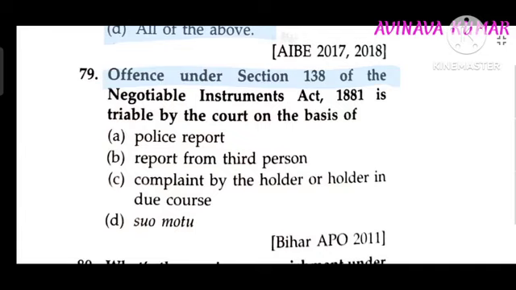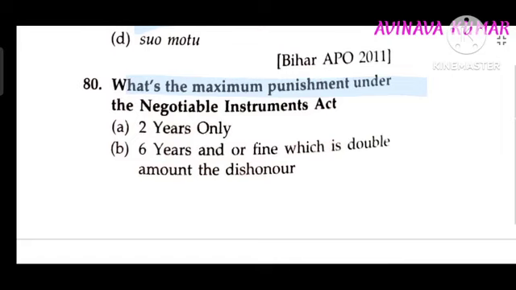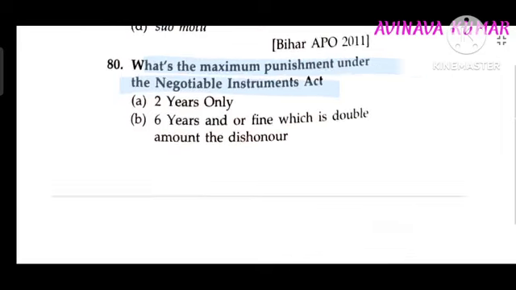Offence under Section 138 of NIA is triable by the court on the basis of complaint by holder or holder in due course. What is the maximum punishment under NIA?